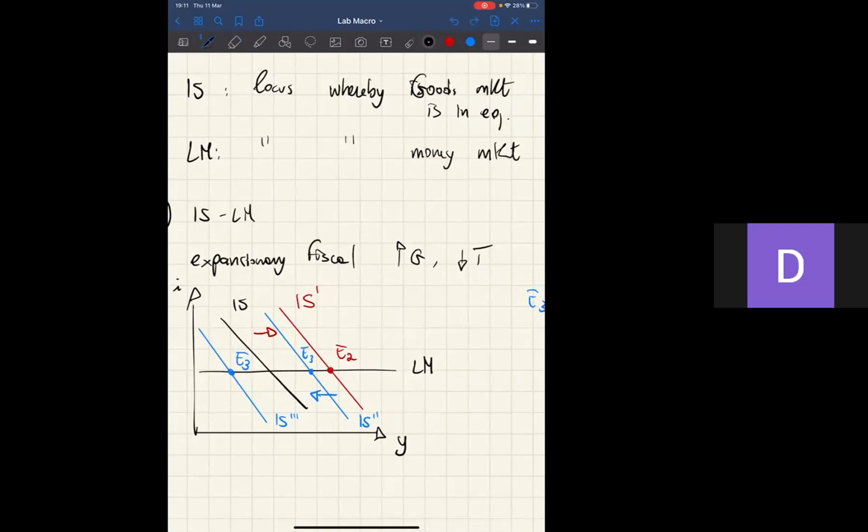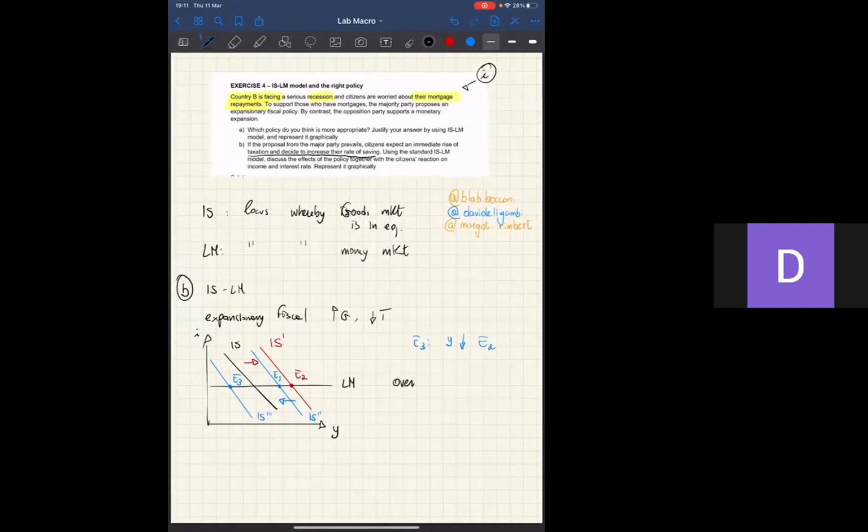In general, the overall effect is ambiguous. So you can see how important it is for the government or the central bank to choose the right policy, because all of this would have been avoided in case the second policy, the opposition policy, were enacted. So that would be all for me for the second exercise.